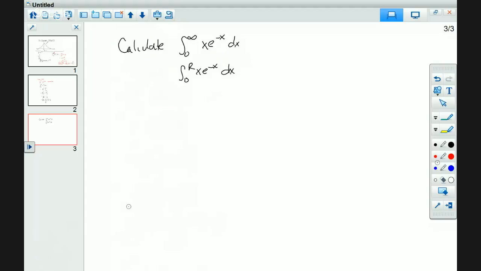All right, so substitution's out, but it is by parts. So u is x, right? And v prime would be e to the negative x. I see it, it's going to make it more simple. U prime is 1, and v is negative 1 e to the negative x, right?